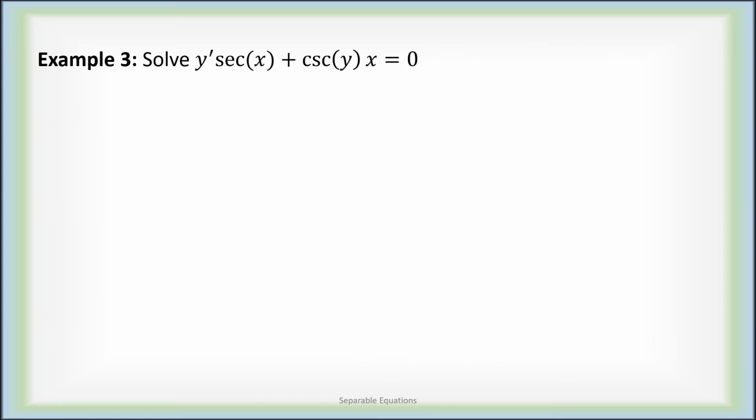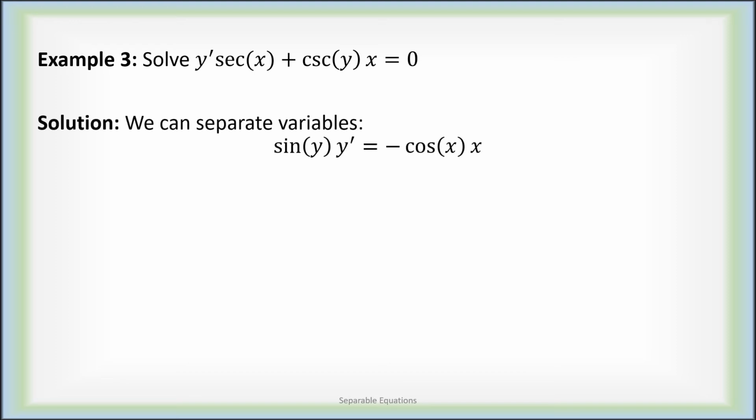As another example, let's solve y prime times the secant of x plus the cosecant of y times x equals 0. And again, this is separable. If we rewrite the secant of x as 1 over cos x, this would become y prime over cos x, and here I would have x over the sine of y equals 0.